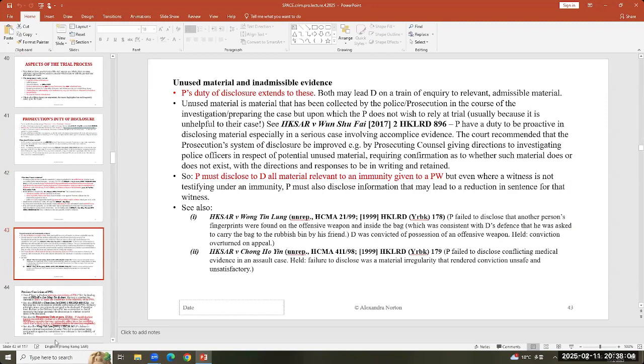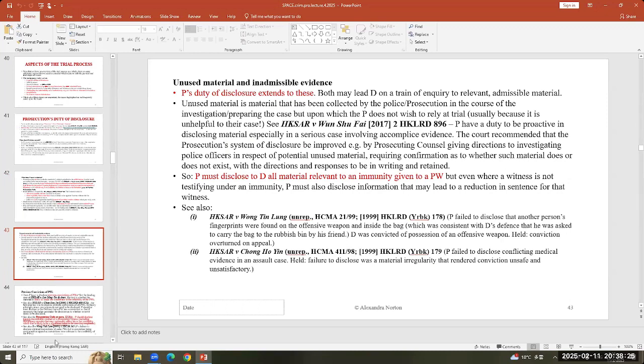The prosecution have to disclose unused material. That's material that they have discovered in the course of their investigation, but which they are not producing at trial, usually because it's just not helpful to their case. Sometimes because it's not relevant, but they also need to disclose inadmissible evidence as well.